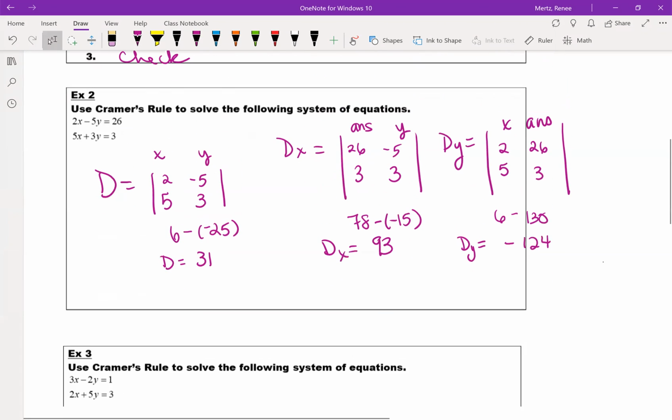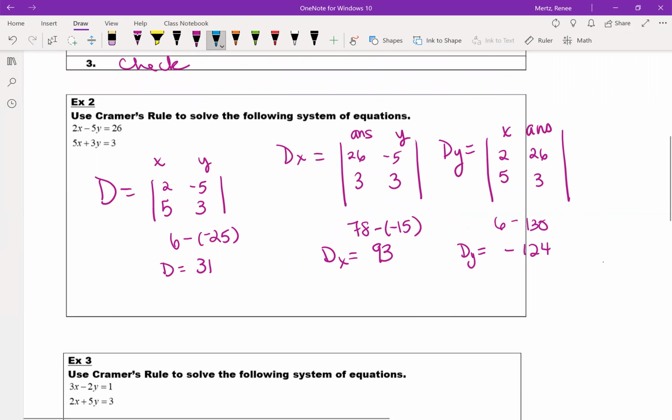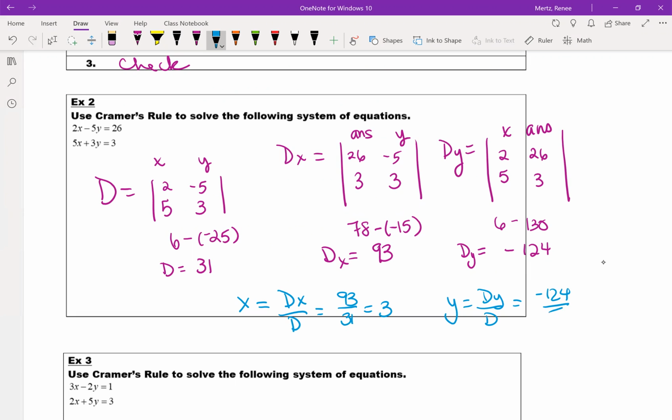Now I'm ready to solve for x. X equals d of x divided by d, which is 93 divided by 31. So we get 3. Y equals d of y divided by d. -124 divided by 31 is -4.